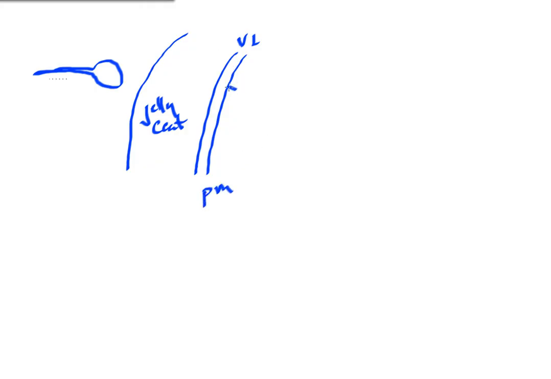Coming out of both the plasma membrane and vitelline layer are a bunch of bindin receptors.